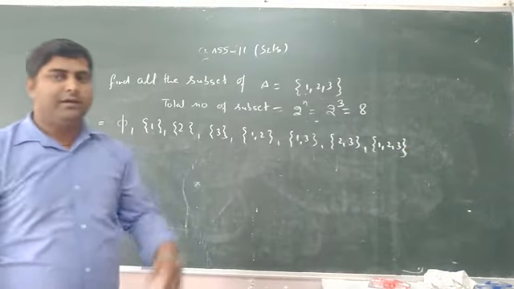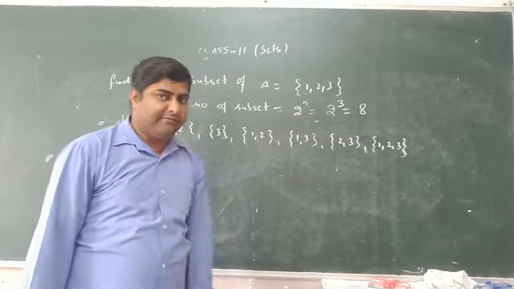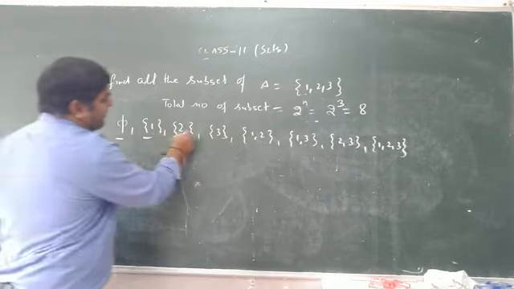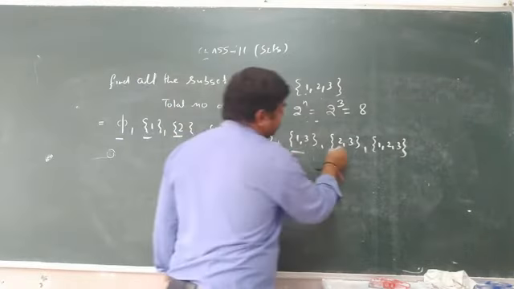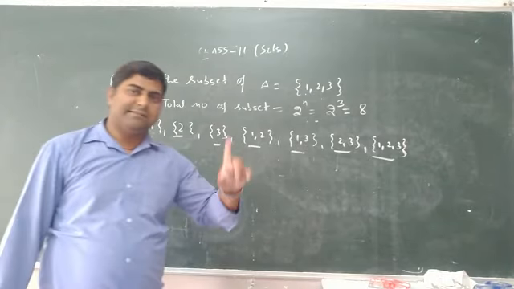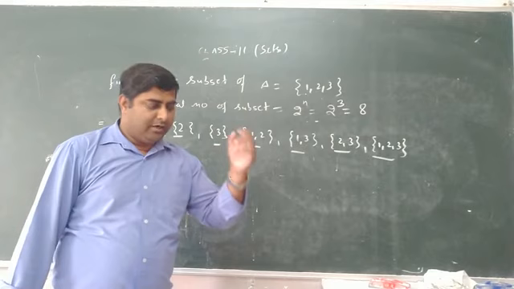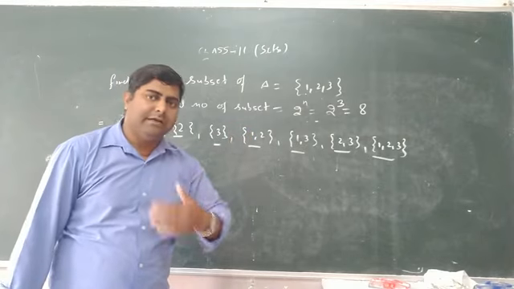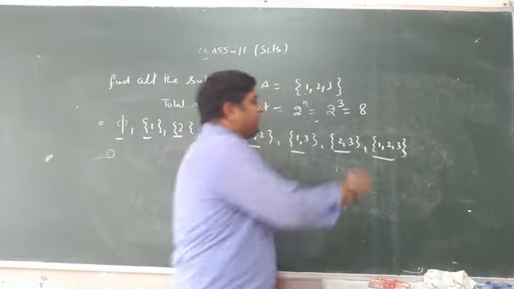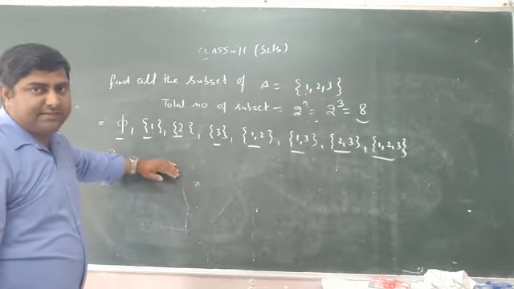Keep in mind, a set is a subset of itself. So how many do we have? 1, 2, 3, 4, 5, 6, 7, 8. Keep in mind phi is a subset of every set and a set is a subset of itself. So the total number of subsets should be 8, and we have calculated all those 8 subsets.